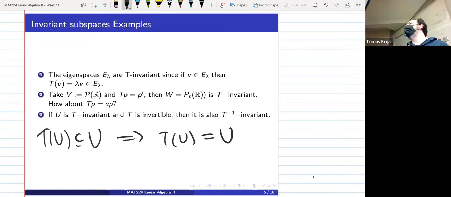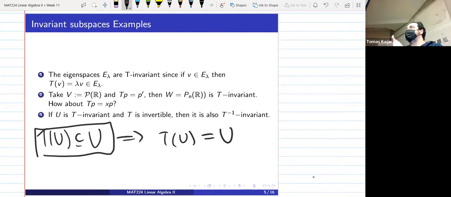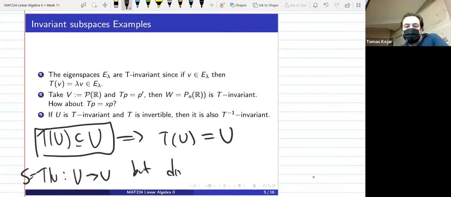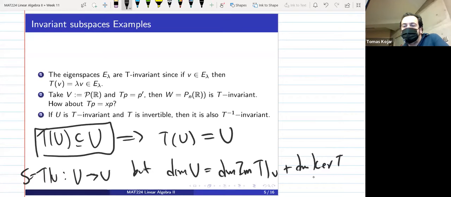Now, if you can tell me why, that would be amazing. If you know, you can guess. Right. So since you have this result, you can consider the restricted map, T restricted to W, call it S, which sends W to W. But exactly, you have dim of U is dim of image of T restricted plus dimension of the kernel of T restricted, but this is 0 because you're invertible.